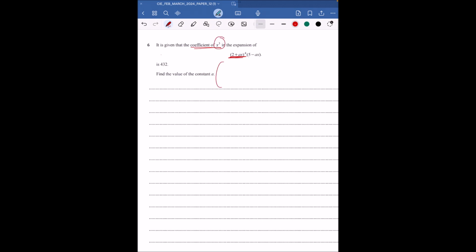So let's assume I have 5 minus ax. Remember, I need to get x cubed. What term will I get from here that will multiply to give me x cubed? So it means I can get something x cubed here, and x squared here.